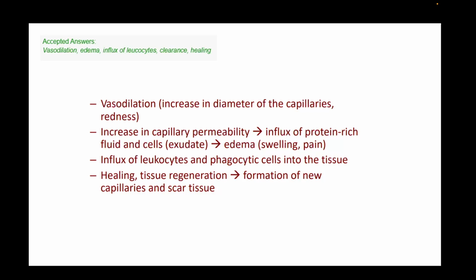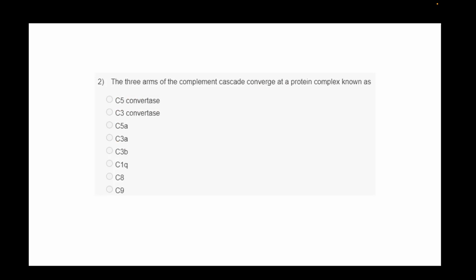Moving on to the next question. So the next question is, the three arms of the complement cascade converge at a protein complex known as, options are C5 convertase, C3 convertase, C5a, C3a, C3b, C1q, C8, C9.